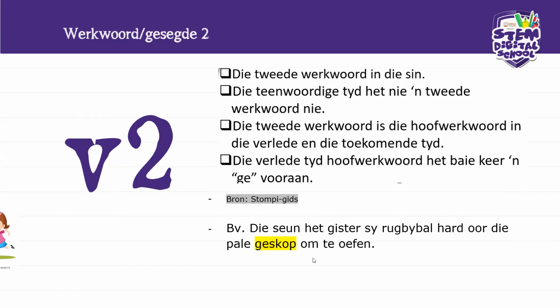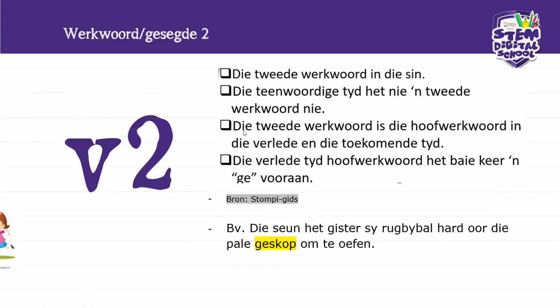Important again to really pay attention. From the Stompie-GIDS, if I have my sentence, that would be the second verb in the sentence. If it was written in the present tense, then it does not have a second verb. Then this main verb here would be verb 1. But because there is a hulpwerkwoord het in the sentence, verb 2 would then be the main verb.